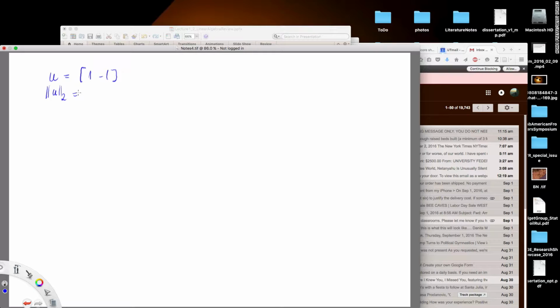Square root of 2. So the normalized vector will be this, and that's it. This is just a vector of length 1 in the same direction.